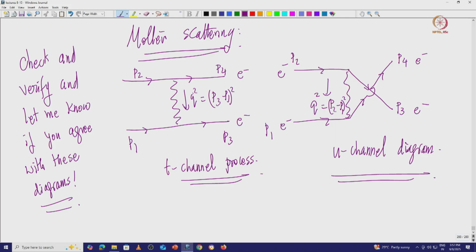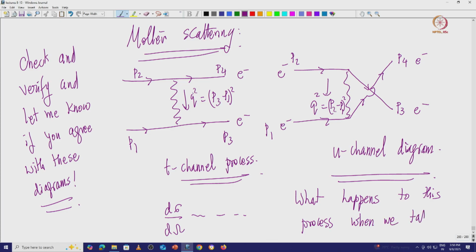Now you can ask the question: when you calculate this entire process, you get some amplitude, you get some d sigma by d omega. What happens to this process when we take positrons?